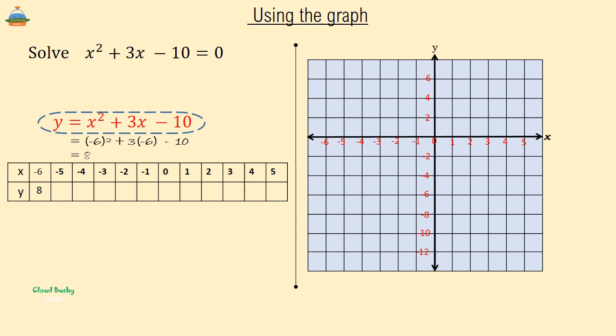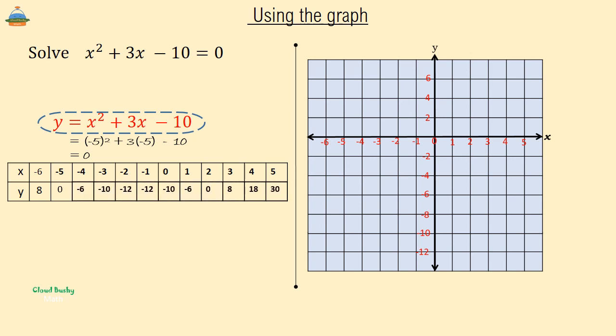All right. So when x is -5, y is equal to 0. If we perform the same calculation for all the values of x that are in the table, we end up with this table.